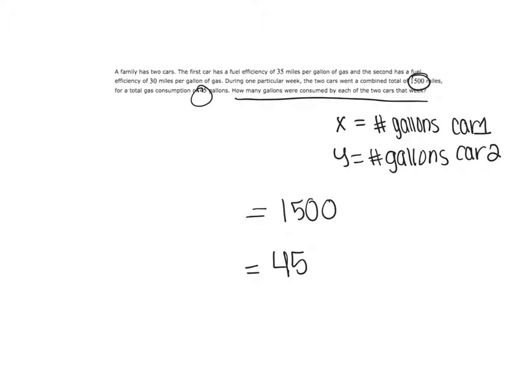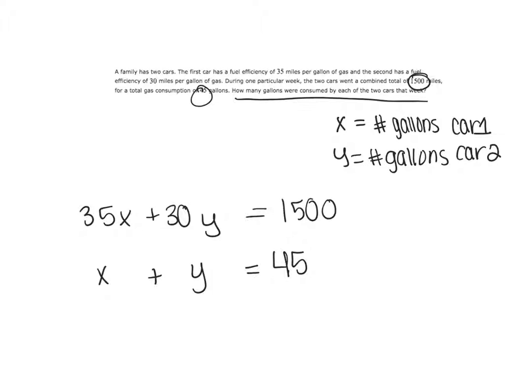So I take 35 times the number of gallons for the first car and add that to 30 miles times the number of gallons for the second car to get the combined total of miles driven that week. And then the total gas consumption of 45 gallons, I will just add the number of gallons consumed by car 1 plus the number of gallons consumed by car 2.